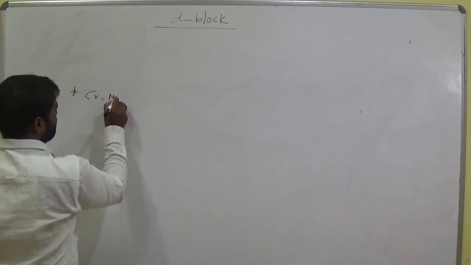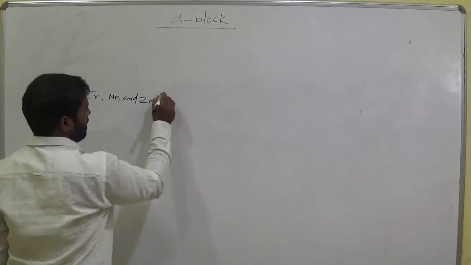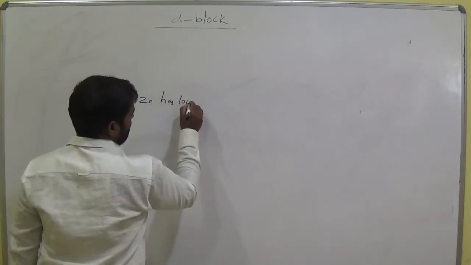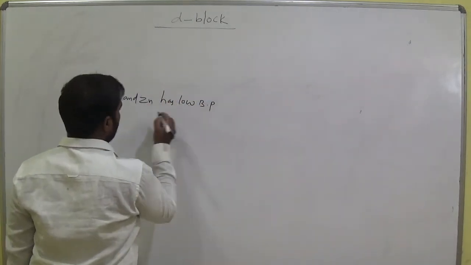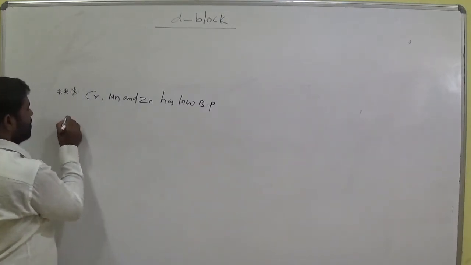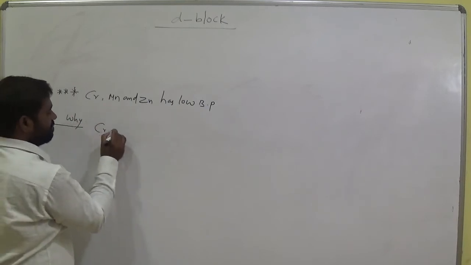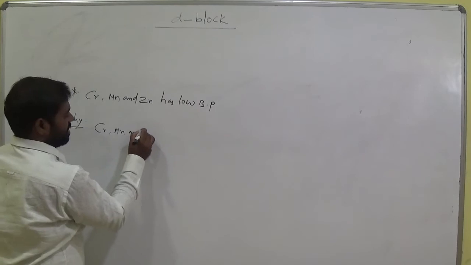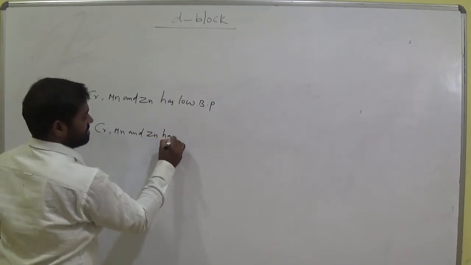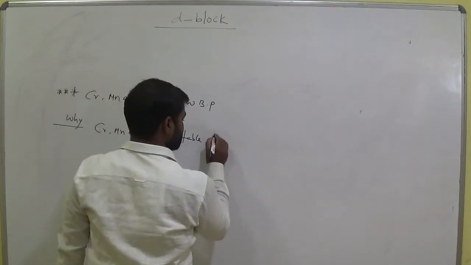Chromium, manganese and zinc have low boiling points. What is the reason? Why? Chromium, manganese and zinc have stable electronic configuration. Am I right?